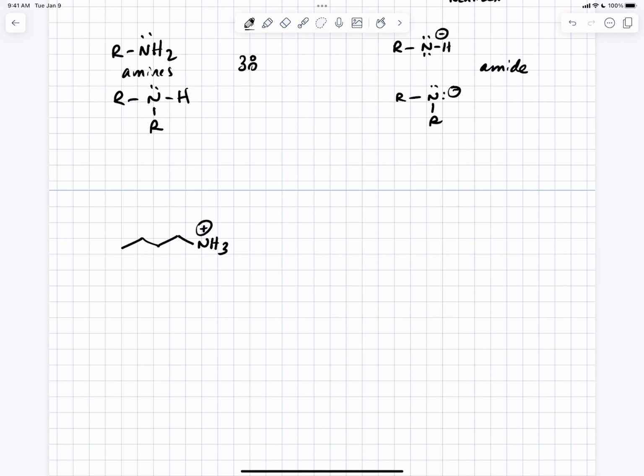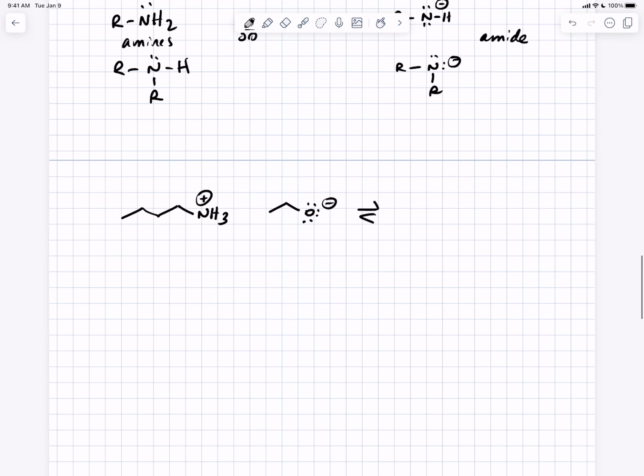So this will be an example of how to use pKa information to predict acid-base equilibria. In an acid-base equilibrium, and I'll show you actually a mechanism for this, it's really kind of easy.